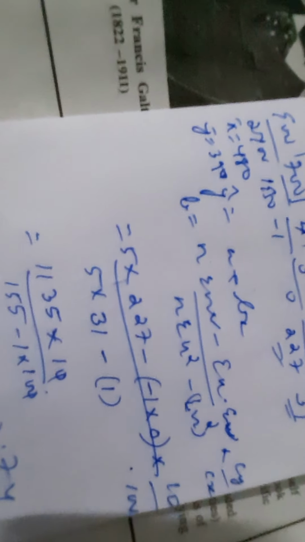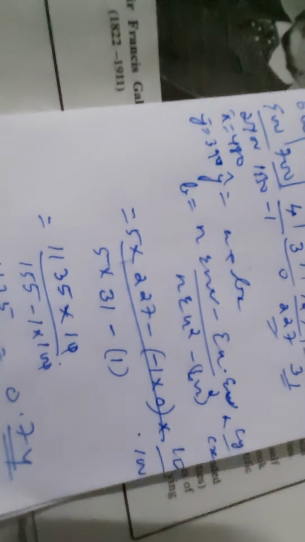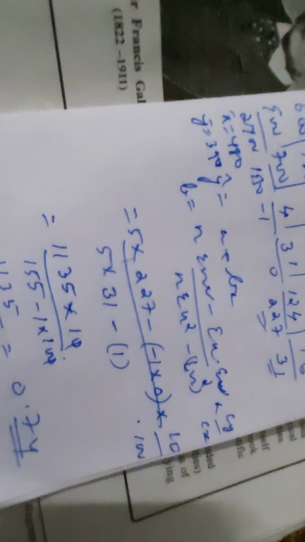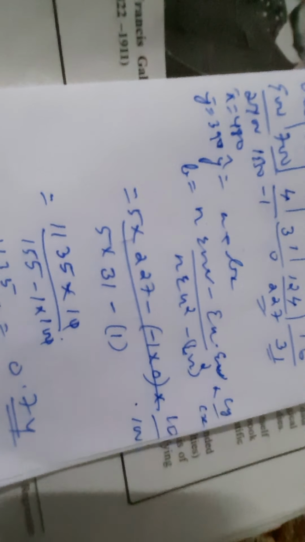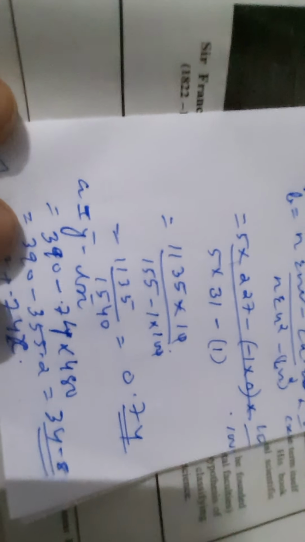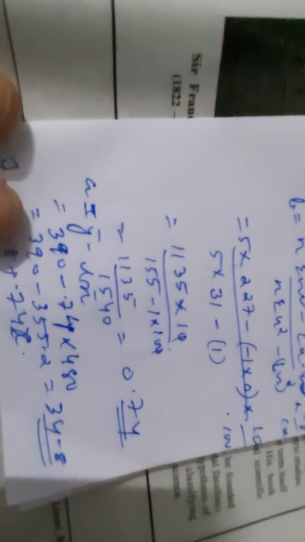b is equal to n sigma uv minus sigma u sigma v upon n sigma u squared minus sigma u whole squared into cy upon cx. So it is to be done as 10 and 100 there, and finally we get the answer b as 0.74.